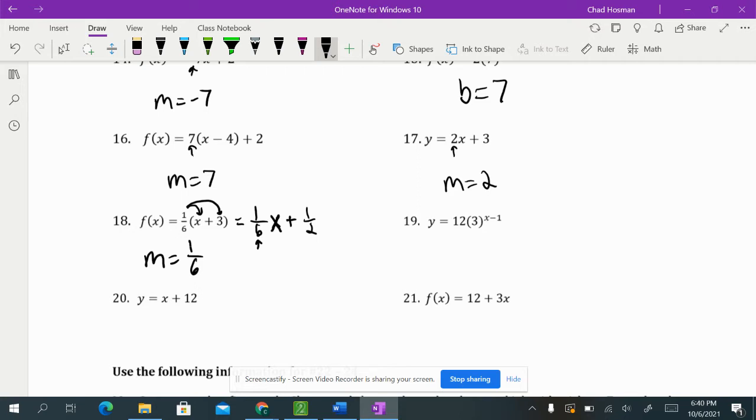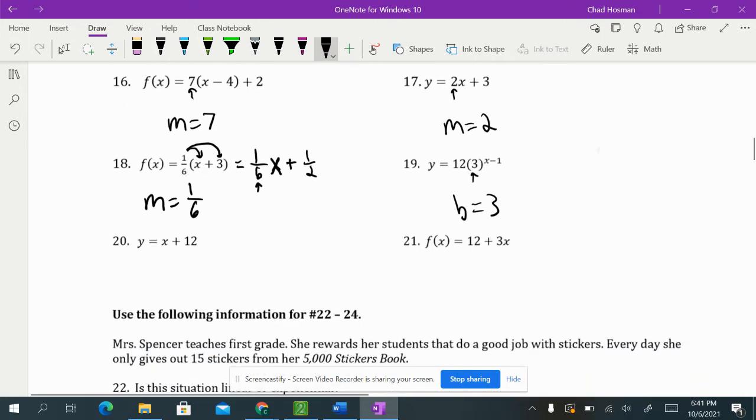All right, number 19 is an exponential equation. It's that y equals a times b to the x minus 1, and it's still the same. The b term is what's being raised to the x minus 1 power. So our common ratio is 3. All right, now number 20 looks like our slope-intercept form, y equals mx plus b.